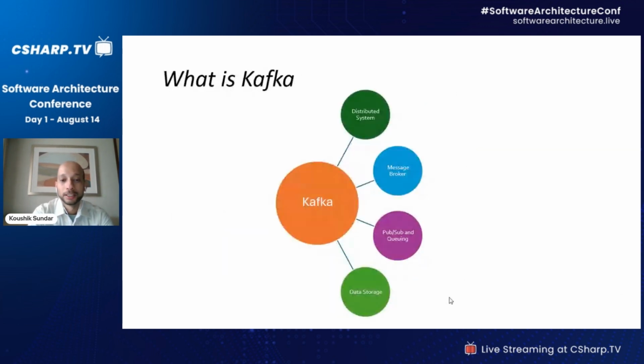So what is Kafka? How is it connected to microservices? Kafka is a messaging broker. It originated at LinkedIn and was handed over to the Apache Software Foundation as open source. It is a distributed message streaming platform, and it can handle real-time data feeds with high throughput and low latencies.